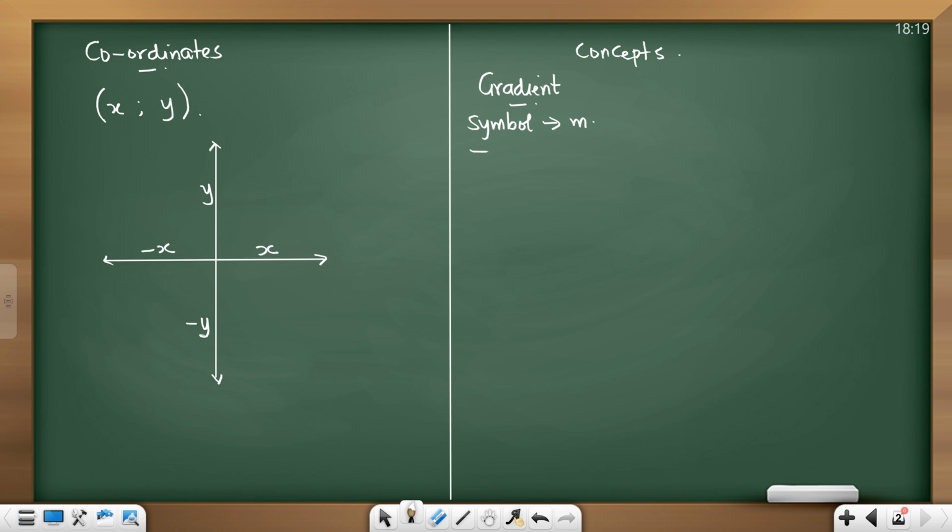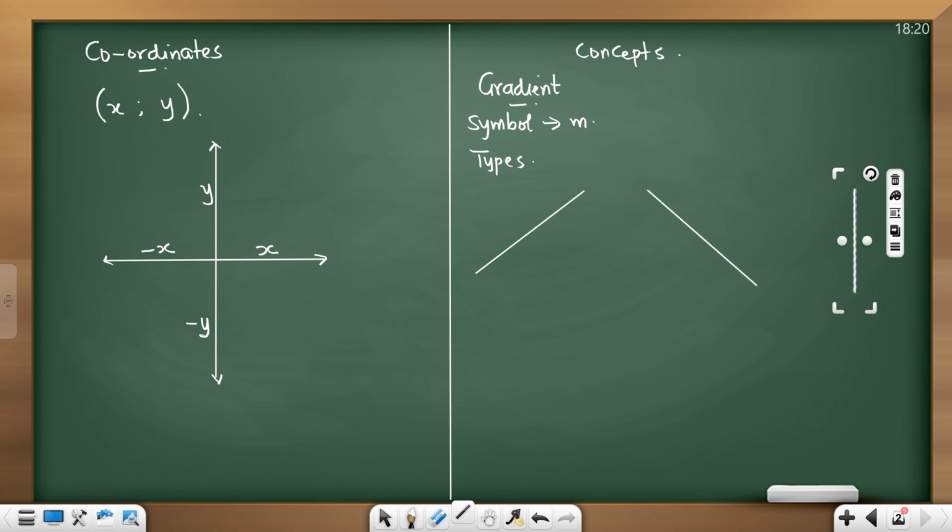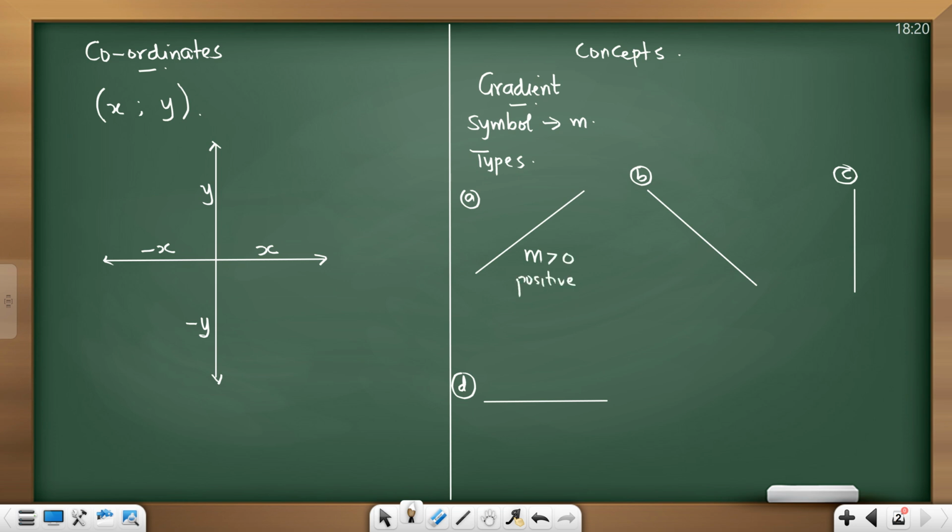Types of gradient. We are going to have A, B, C, and D. Gradient is greater than 0, positive, and we will call this an increasing gradient.